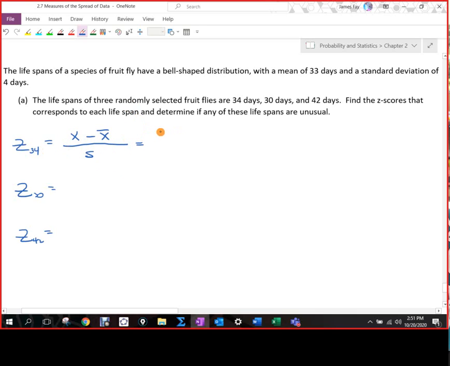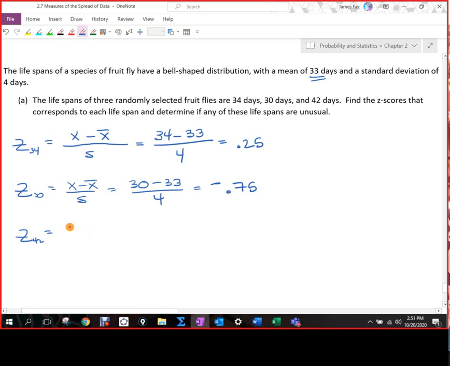So then our particular fruit fly was 34, minus the mean, which we said was 33 days, with a standard deviation of 4. So it gives me, what, 0.25? Then the next one was 30 days. So again, it's x minus x bar over s. So we'll go 30 minus 33 divided by 4. That's going to give me negative 0.75, right? Gives me 3/4.